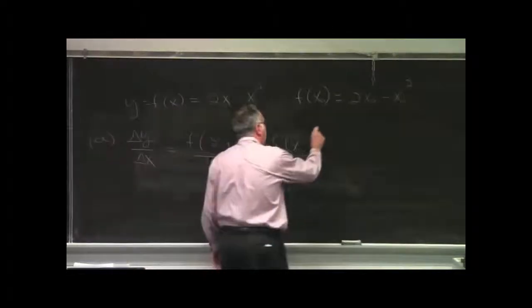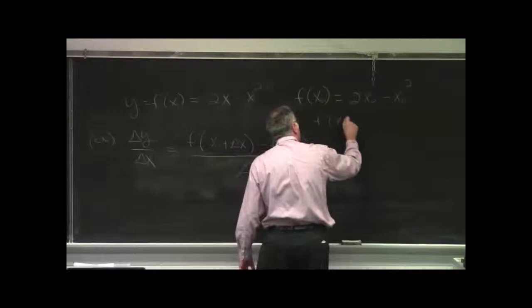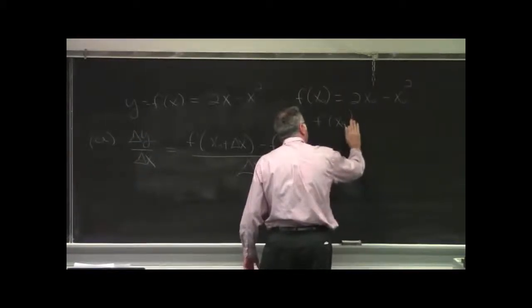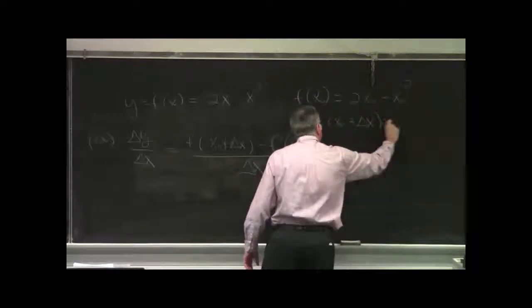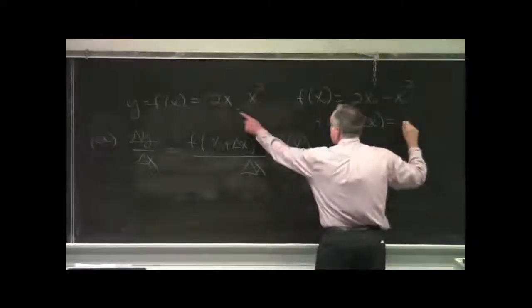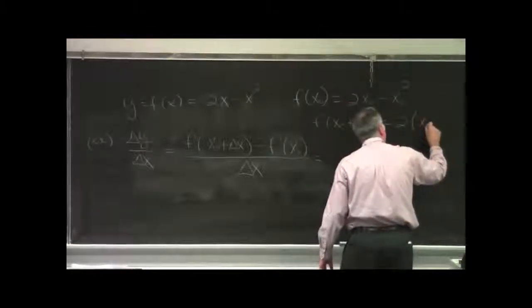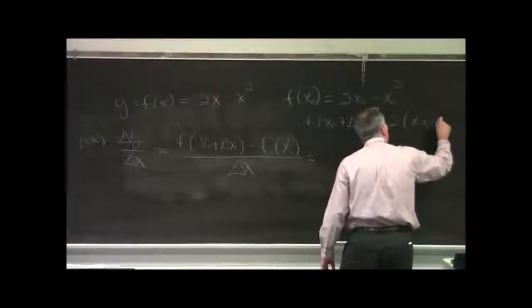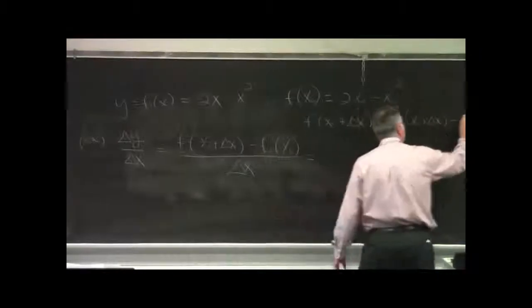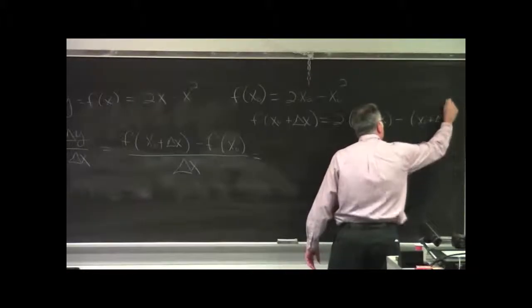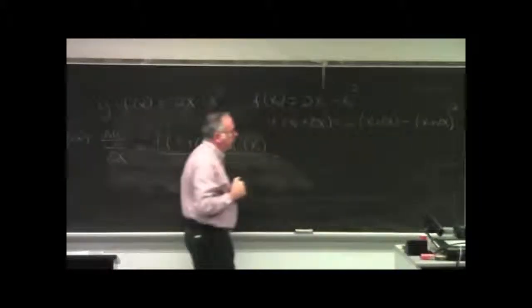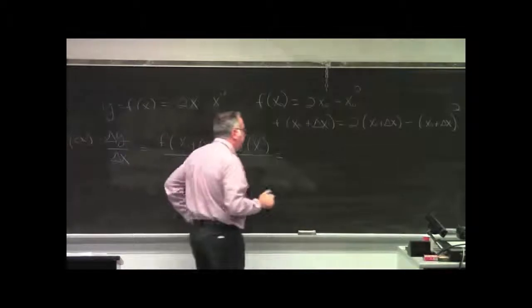So f evaluated at x sub 0 plus delta x is 2 times x sub 0 plus delta x, minus x sub 0 plus delta x, quantity squared.